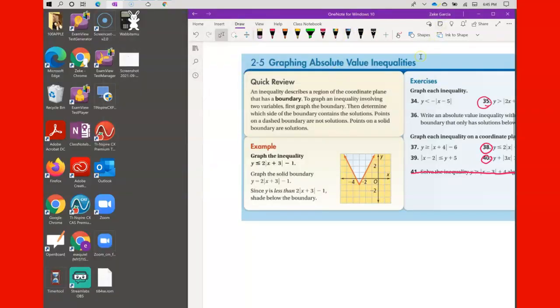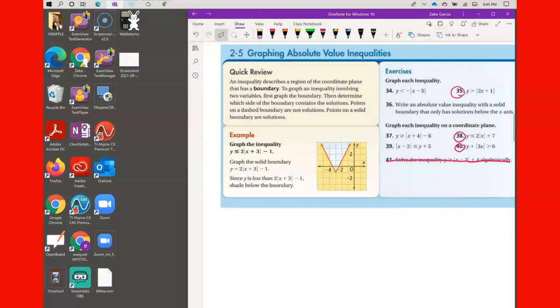Number 39, we have to do some algebra. And you notice that the y is on the wrong side, but we're going to see how we can do this problem. So you have the absolute value of x minus 2 less than or equal to y plus 5.